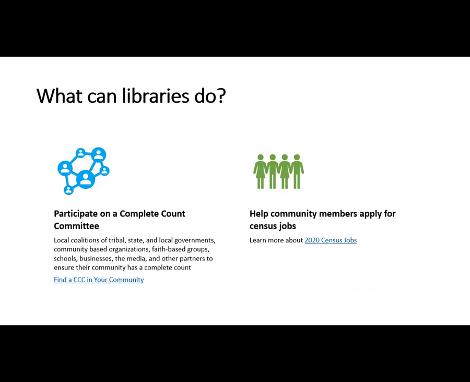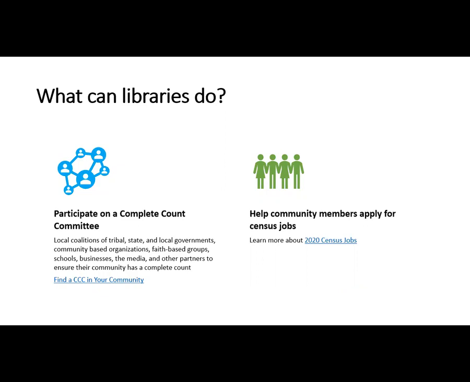We do not have a ton of local ones here in Rhode Island. Westerly, Johnston, Woonsocket, Pawtucket, Central Falls, Providence, Newport, Wakefield, the Narragansett Indian Tribe, Warwick, and Cranston are the ones listed on that site. So if you are working in one of those towns or nearby, you might want to consider teaming up your library with your complete count committee.